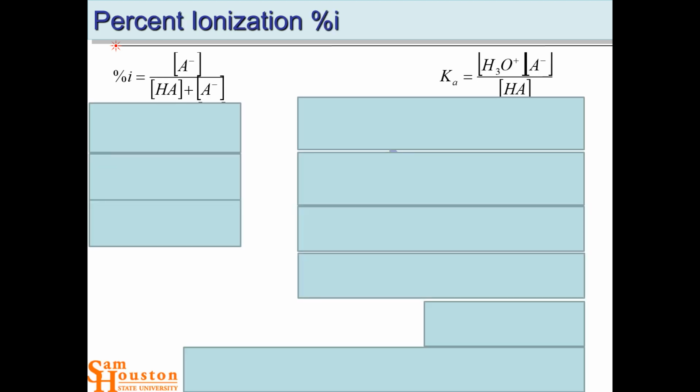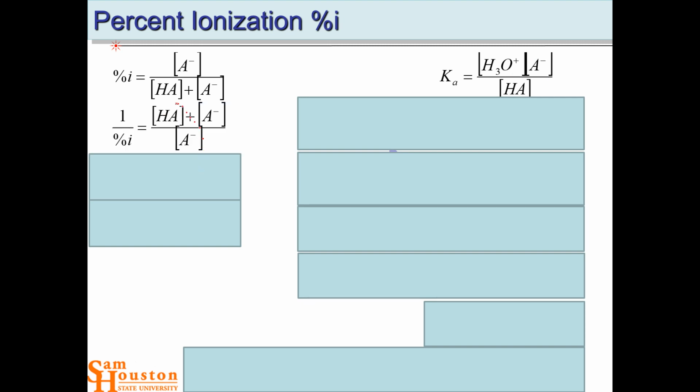So let's talk about percent ionization. We can simplify these things. This is the percent ionization equation in the upper left. And I know that I've got A minus over here and HA. I've got a couple of A minuses, and all I really want is to compare it or insert it over here. And so I want something in the form of just A minus over HA. So I can rearrange this.